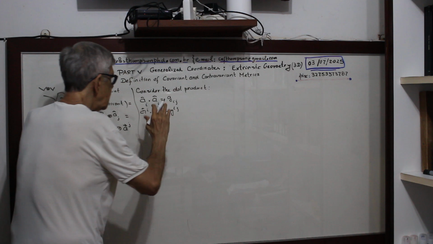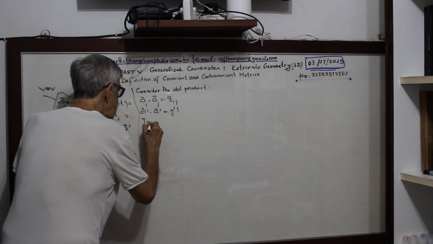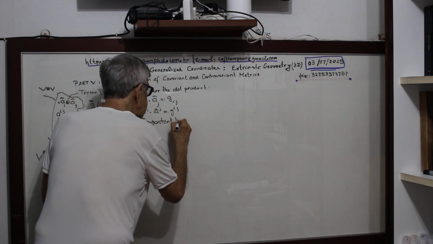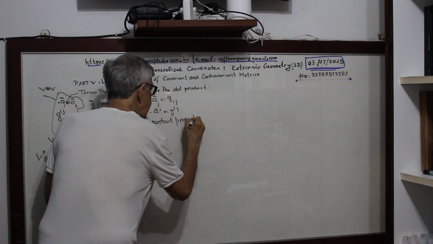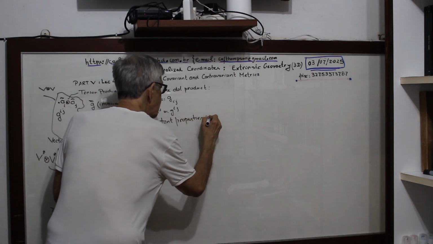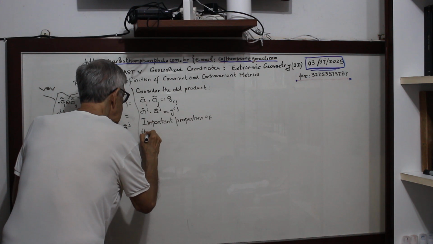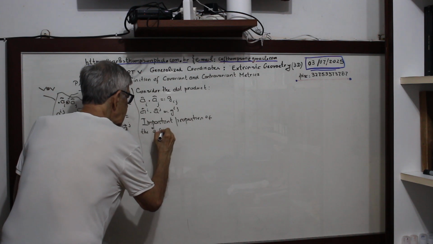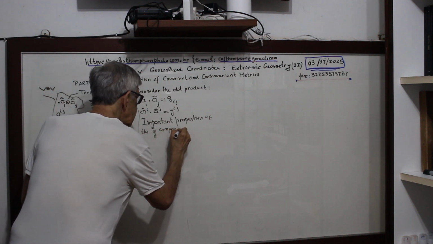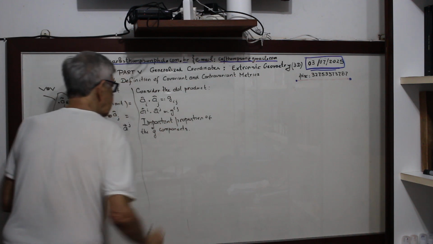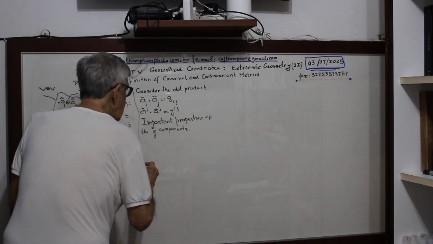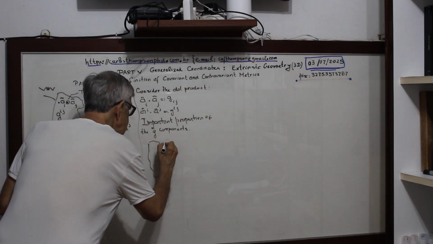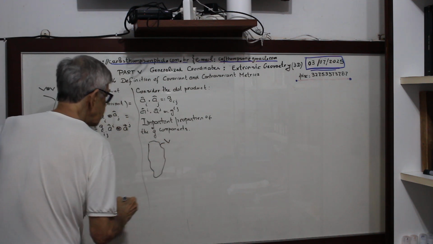Now, you see, an important property of the G components. Now, this is the vector space.